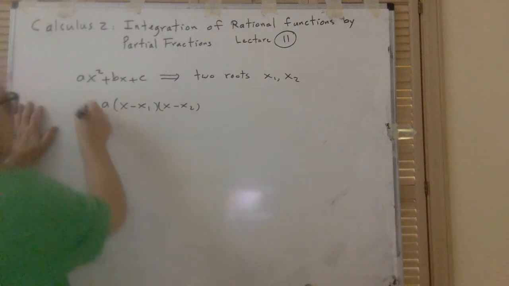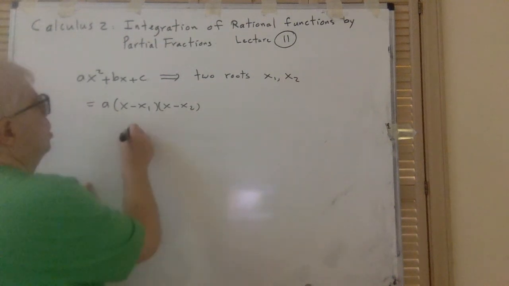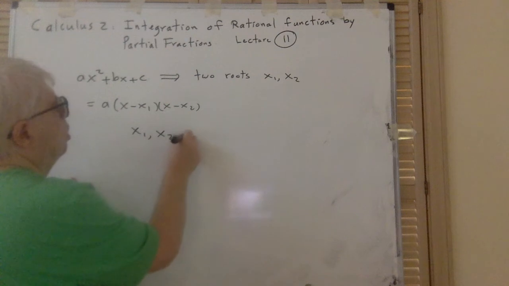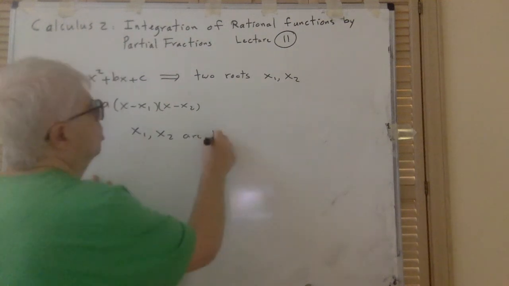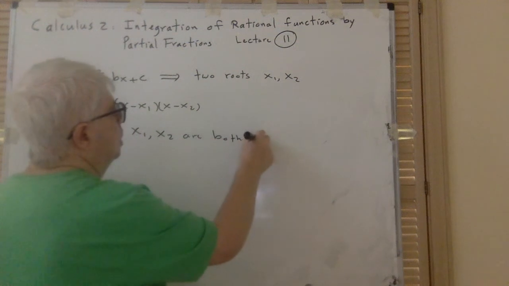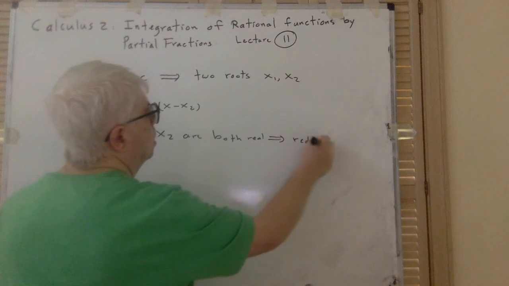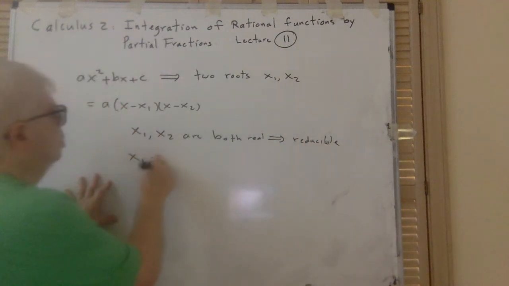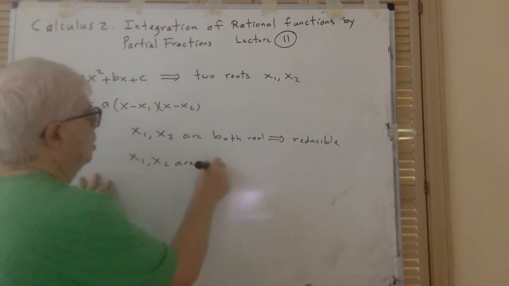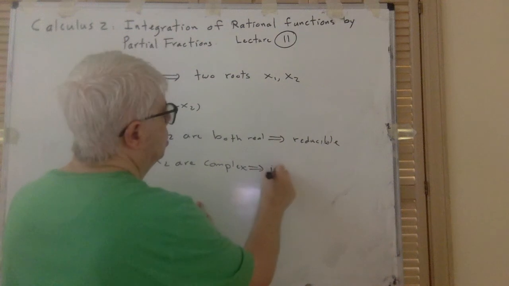Now the x1 and x2 can be real or complex. They are either both real or both complex. If both real, we say that it is reducible. If x1 and x2 are complex, we say that it is irreducible.